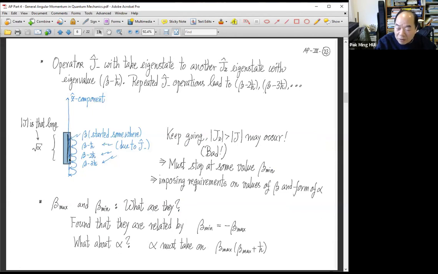That will be wrong. Therefore, there must be some restriction that can cut it off, stop it. This restriction turns out to be enforcing the maximum value of beta to be equal to the minus of the minimum value of beta. What it means is the following.